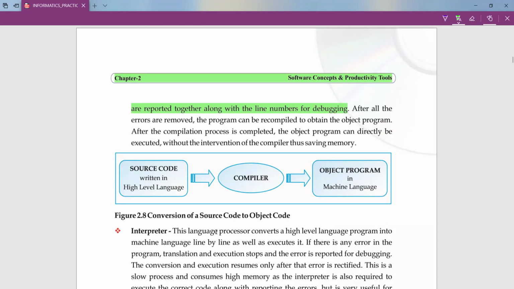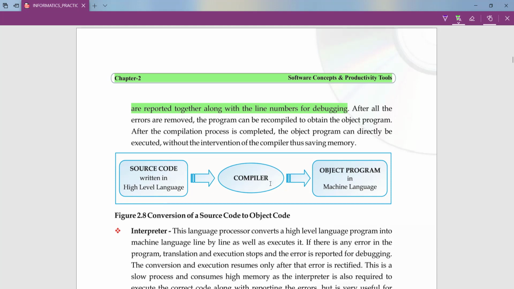And this is the figure which shows you how the compiler works. The compiler converts high level language into machine language. High level language is called source code.